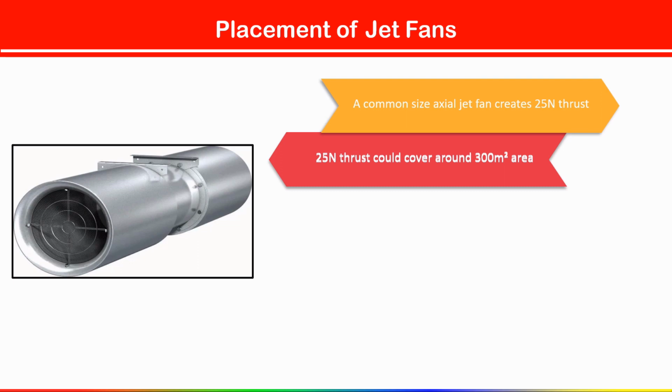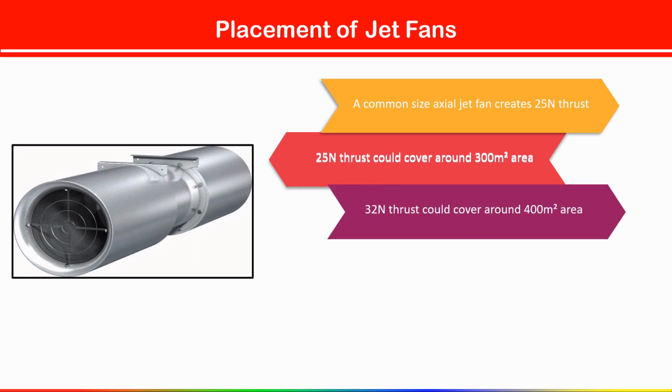Remember, a 25 Newton thrust jet fan can cover 300 square meter area. And if you have selected a 32 Newton thrust jet fan, that fan can cover around 400 square meter area. Remember all these points.